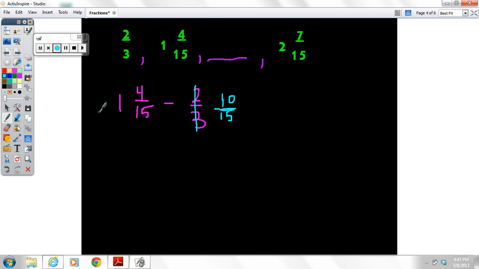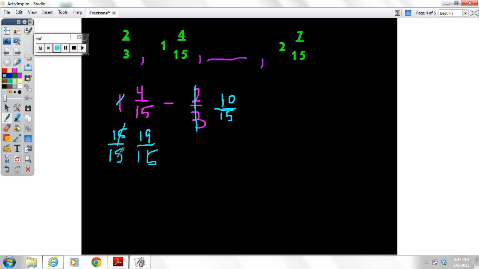But the value of it still needs to equal 1 4/15. So I'm going to take 1 away, and I'm going to rename the 1 as 15/15. But 15/15 is only equal to 1. We need to add the 4/15 onto the 15/15, and we're going to rename 1 4/15 as 19/15.